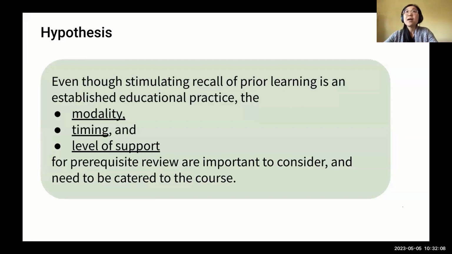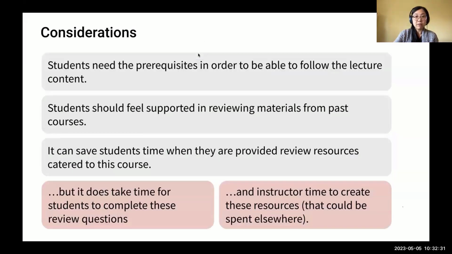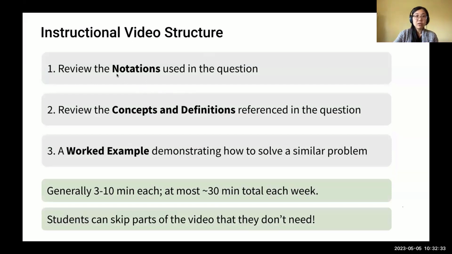There's a question in the chat. Do you think that tailored text could be as effective, or that videos are especially effective in some way? I really liked videos because they allowed me to annotate on the screen as we broke down the multiple choice question, especially in the first part, reviewing the notation used in the question and interacting with the question text.